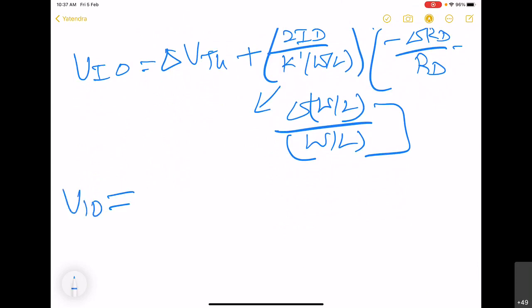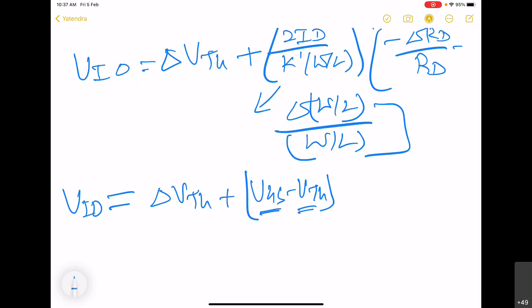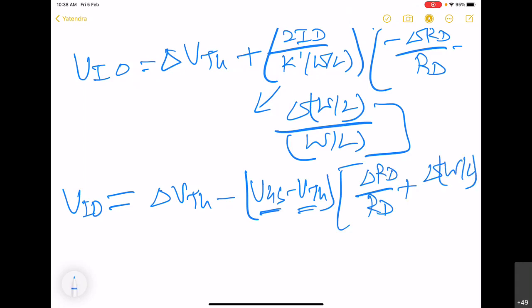So VIO, the input offset voltage that we will have to apply, is VTH plus, this will turn out to be VGS minus VTH. So these GS and TH are the average values of the two different values that we have to apply. So here minus can be taken this side common. So this becomes delta RD by RD plus delta W by L by W by L.